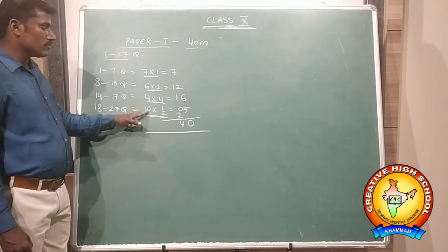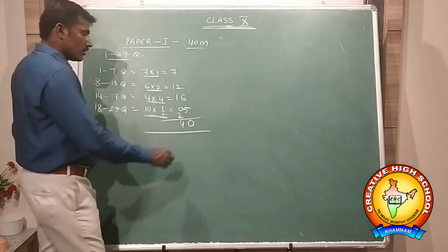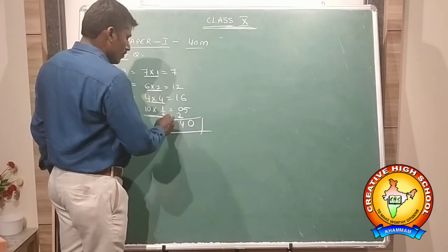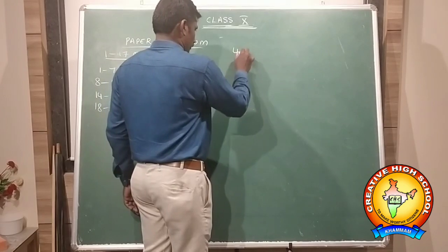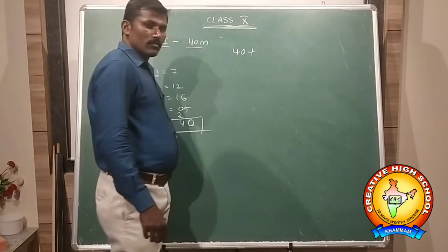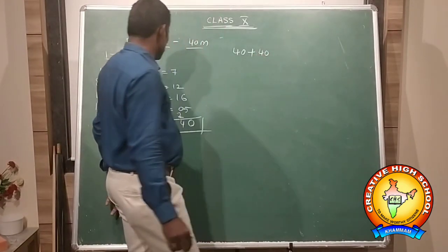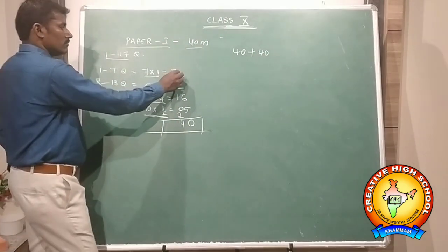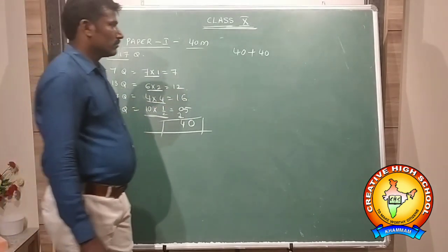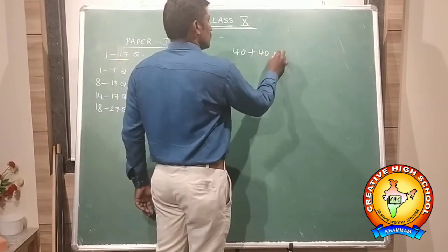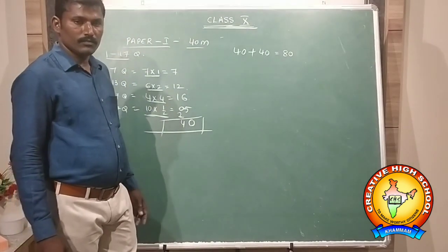Then bits will be there, that is multiple choice questions. You will get 5 marks, total 40 marks from paper 1. And for the remaining 40 marks, the same pattern for paper 2. Paper 1 and paper 2 together make a total of 80 marks.